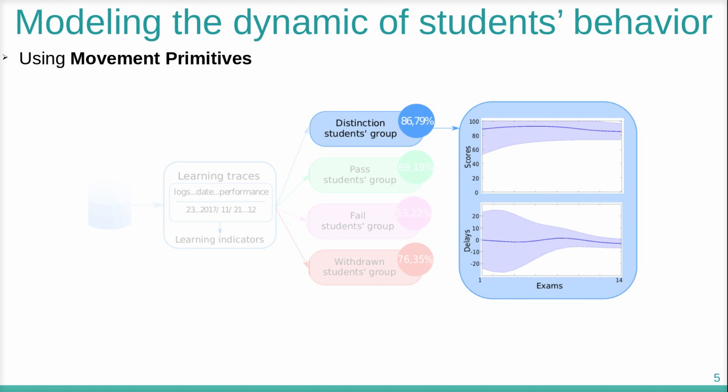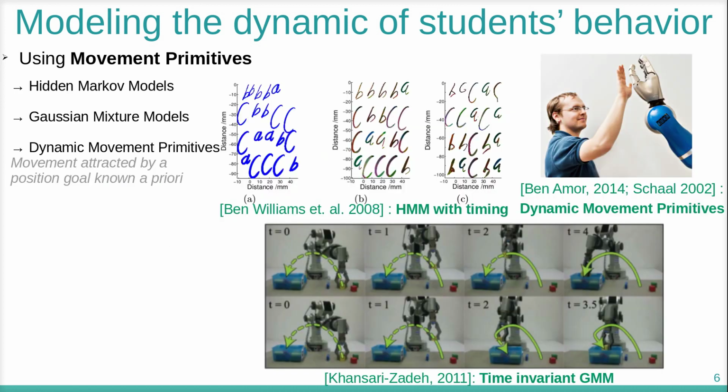To do so, we inspire ourselves using movement primitives, which is a well-known approach in the robotic field, where there are a lot of algorithms, like hidden Markov model with timing to represent letters, time invariant Gaussian mixture model to put objects in a box, and dynamic movement primitives that allow, for example, a robot to perform movement correlated to the movement of the human.